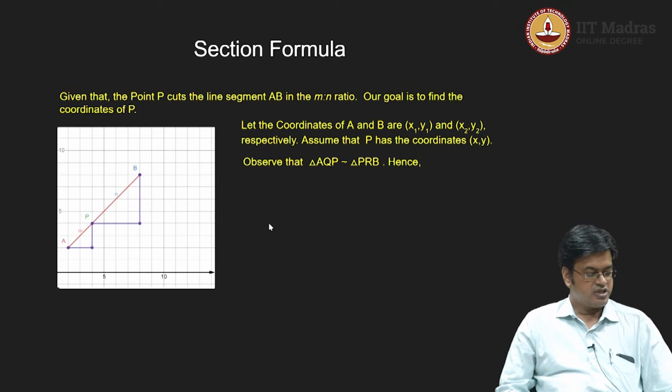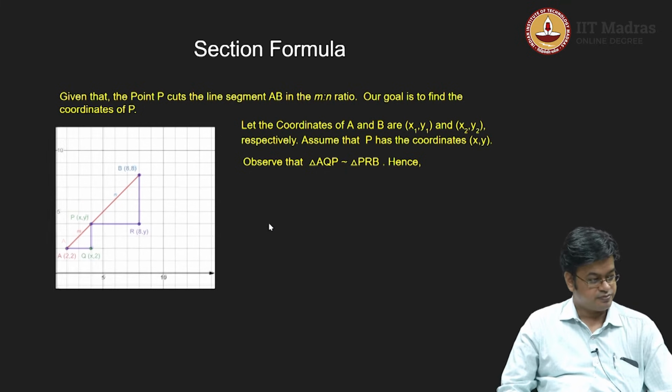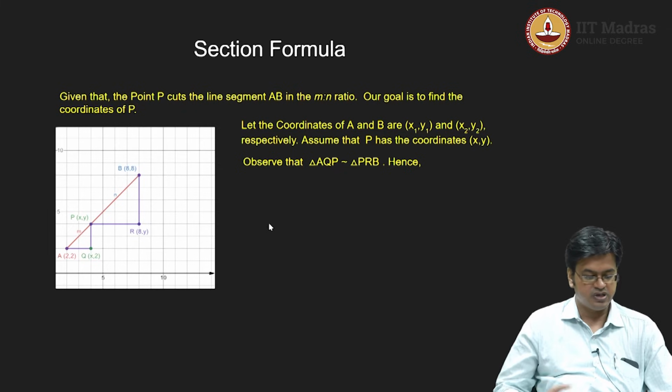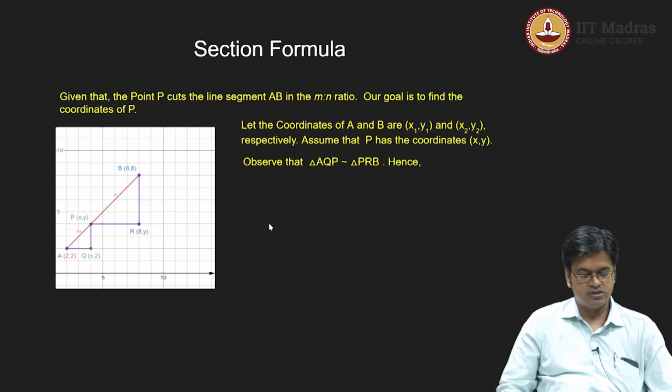That essentially means I have their sides in some ratio. For simplicity, I have plotted these points with some coordinate references. So A is 2 comma 2, B is 8 comma 8, and as I mentioned, the coordinates of Q are x comma 2 and the coordinates of R are 8 comma y.